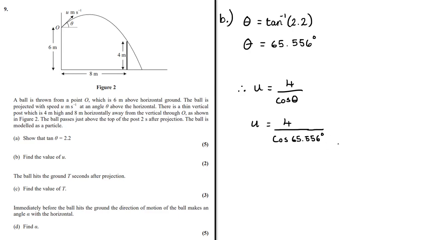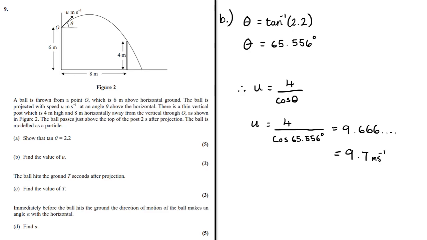If I input this into my calculator, what I get is 9.666, and so on. But if we give this to a sensible degree of accuracy, say 2 significant figures, I get 9.7. This is the initial velocity, so that's going to be meters per second. So there we have it, the solution to part B for the value of U.